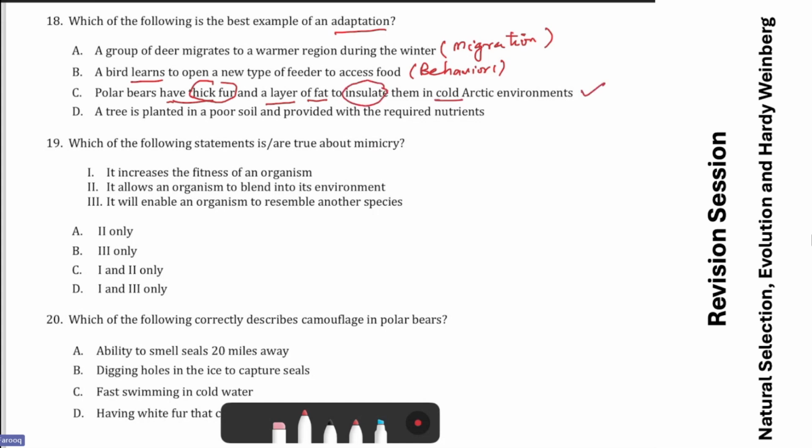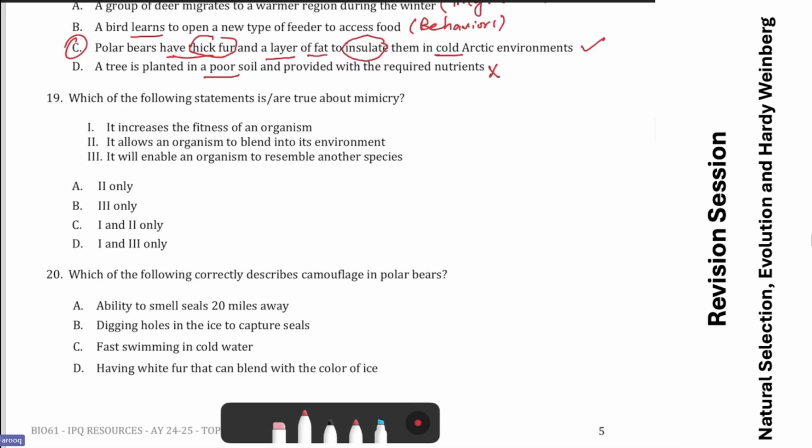Yes, this is adaptation. Like for example, a cactus has spiny leaves to prevent water loss, that is an adaptation. The camel stores water, that's an adaptation. A tree is planted in poor soil and provided with required nutrients. No, this is not adaptation. So the answer is C.